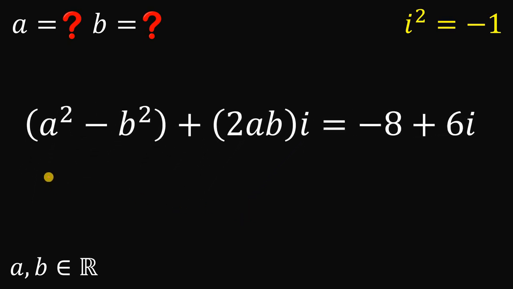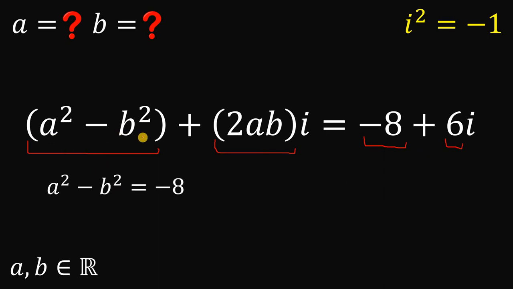Now, take note, the real part on the left-hand side must be equal to the real part on the right-hand side, and the imaginary part is also equivalent to the imaginary part on the right-hand side. Therefore, we can say that a squared minus b squared must be equal to negative 8, and 2ab must be equal to 6.